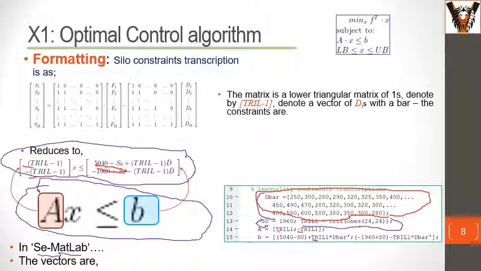So it means the top of B will be like that, and the bottom will simply follow this equation as well. So then we'll have minus 1960 plus S0 minus the triangular matrix times D bar prime, the transpose of that, because it was a row vector.